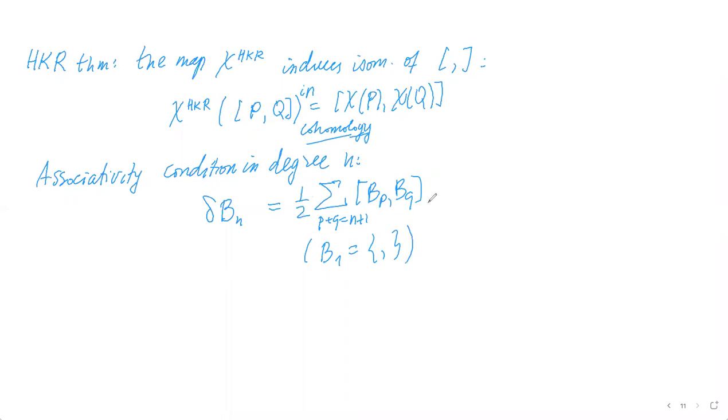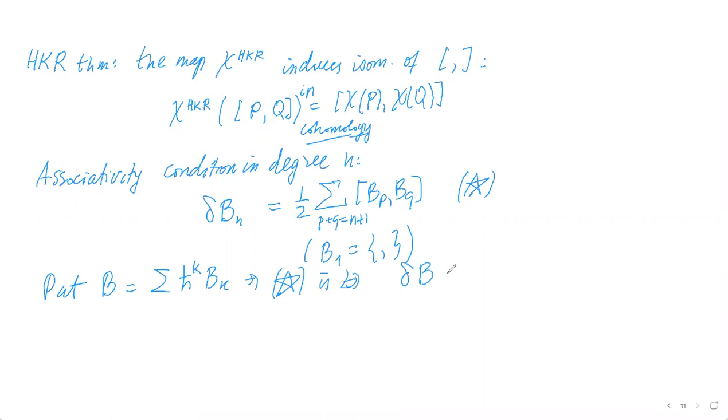Now, one can write down this expression in a shorthand notation. Put B to be the formal sum of h to the power k, B_k. And this expression is equivalent to the equation delta B minus 1/2 the bracket of B and B is equal to 0.